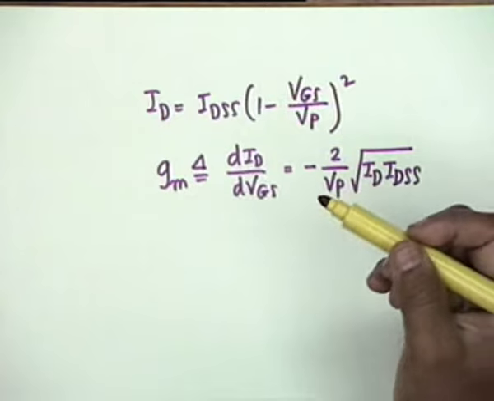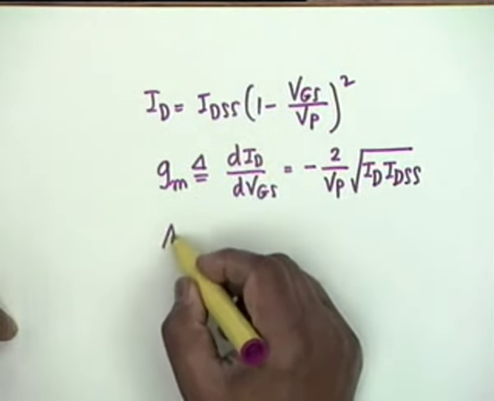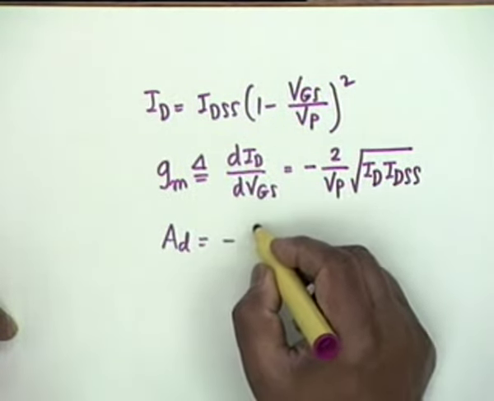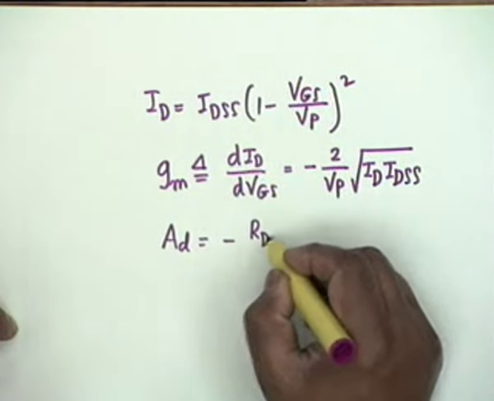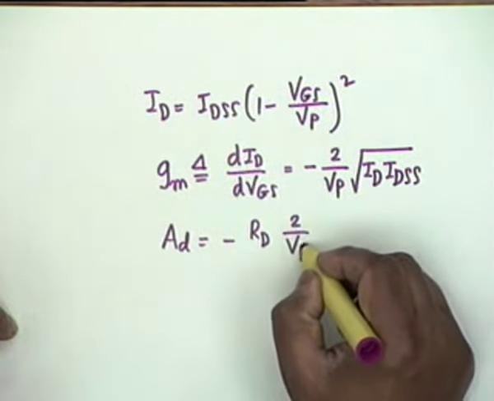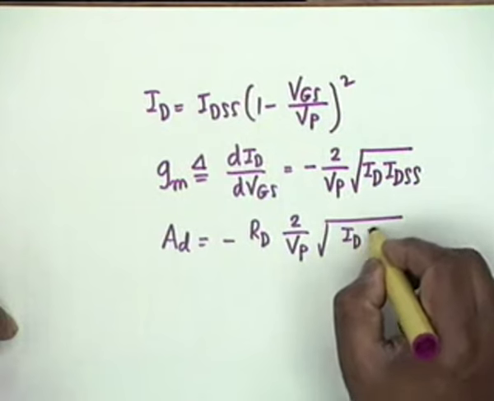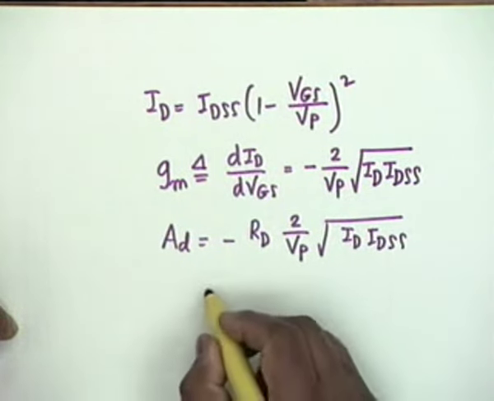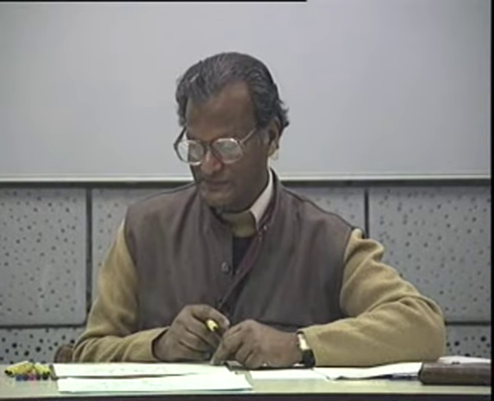Now, if you compare this with the expression for differential gain, it was twice minus RD times 2 by VP square root of ID IDSS. Excuse me, sir. Yes. So where is GM evaluated? At what point? At the Q point. So is there any value substituted in the differential? No value.